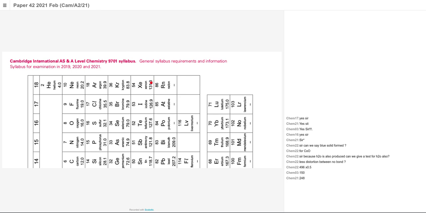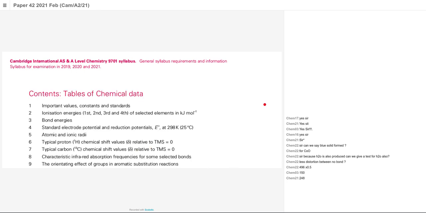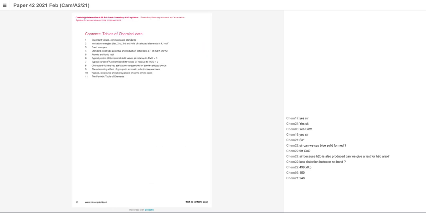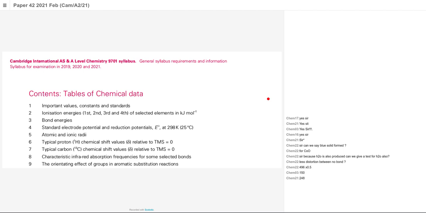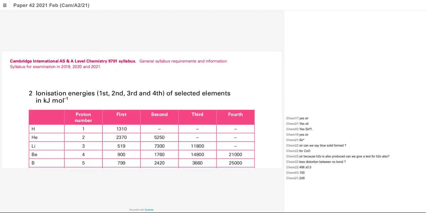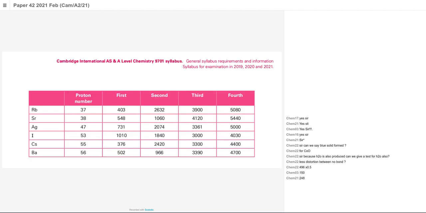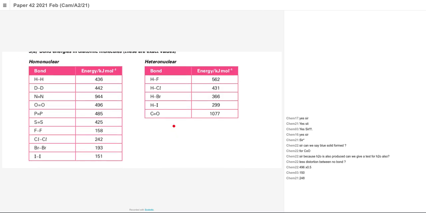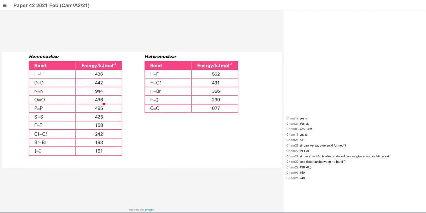Let's check the data booklet and see the bond energies there. Oxygen double bond energy is 496. I don't know how you got 150 and 248, right? So 496 is the breaking of the oxygen double bond.